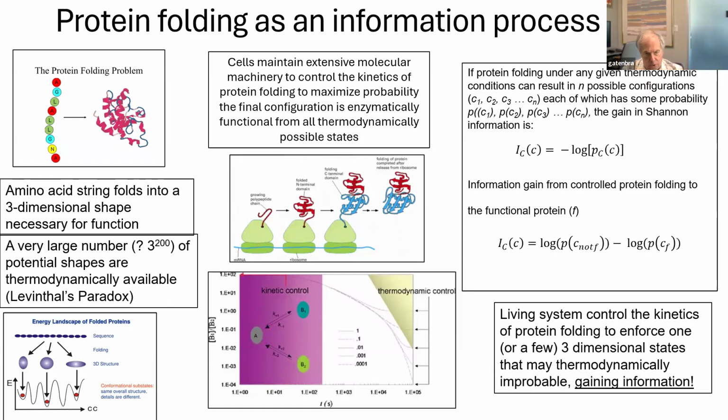And this kinetic control then makes, with very high probability, the end result of the folding process the functional three-dimensional structure that's needed for the enzyme to act. This is a highly improbable outcome.